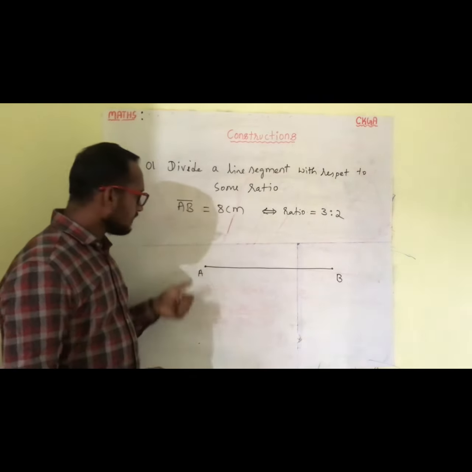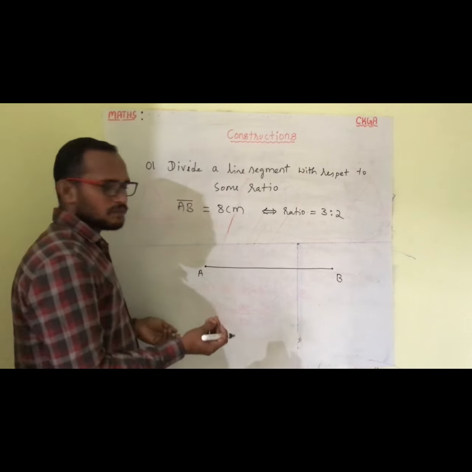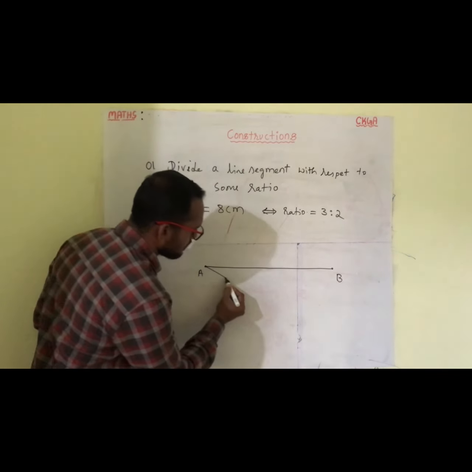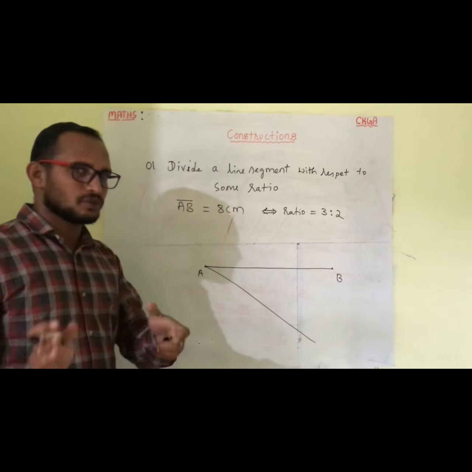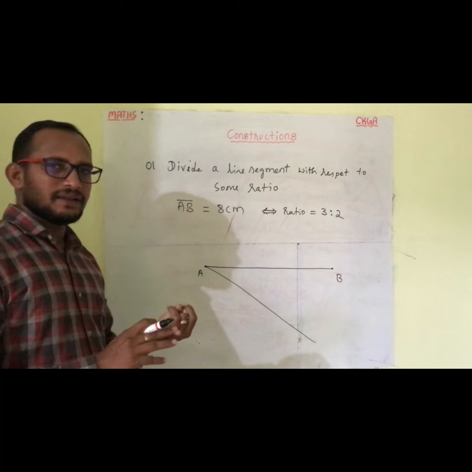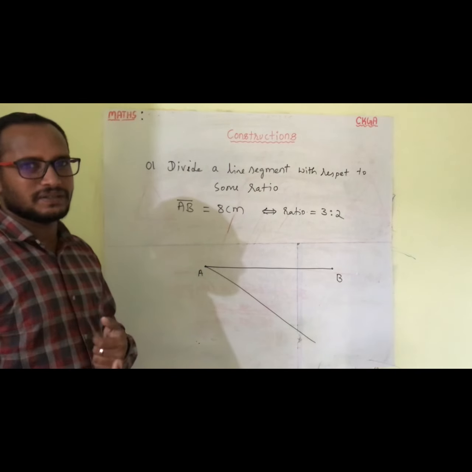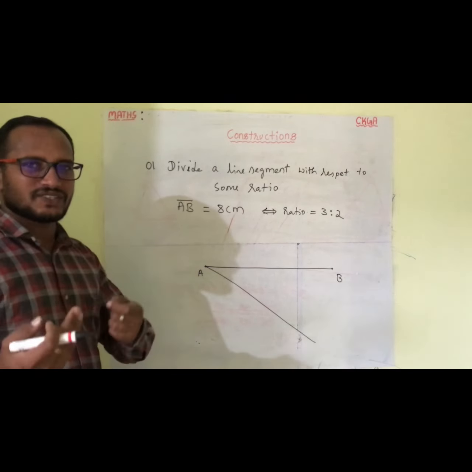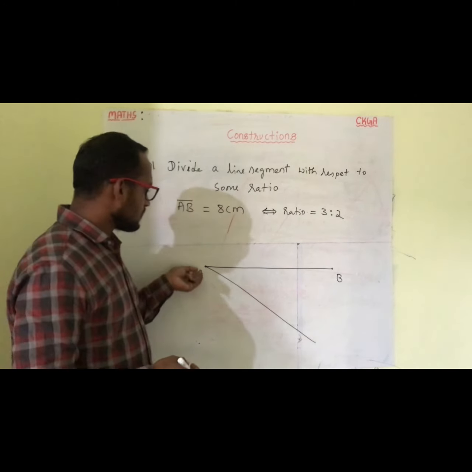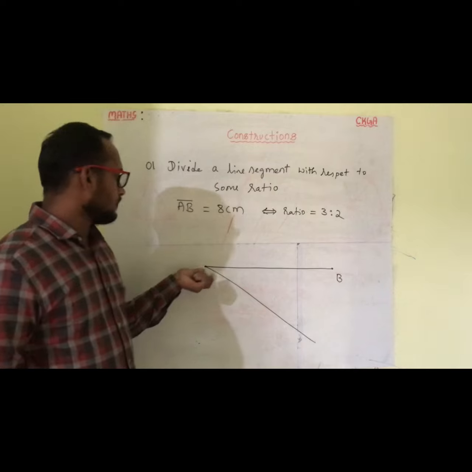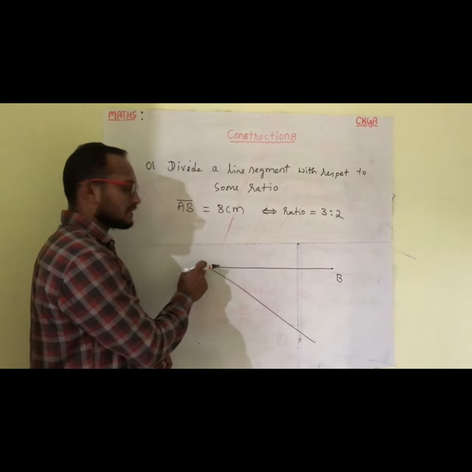After that, at A, you need to draw a small acute angle, just like this. You can take whichever angle you want. It should be an acute one, like 30, 35, 45, 55, 60. There is no fixed angle you should take. Just draw an acute angle projected at A.